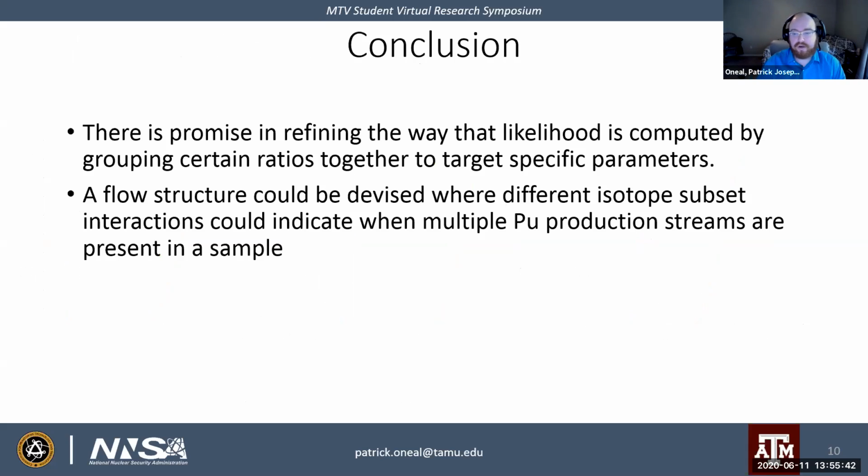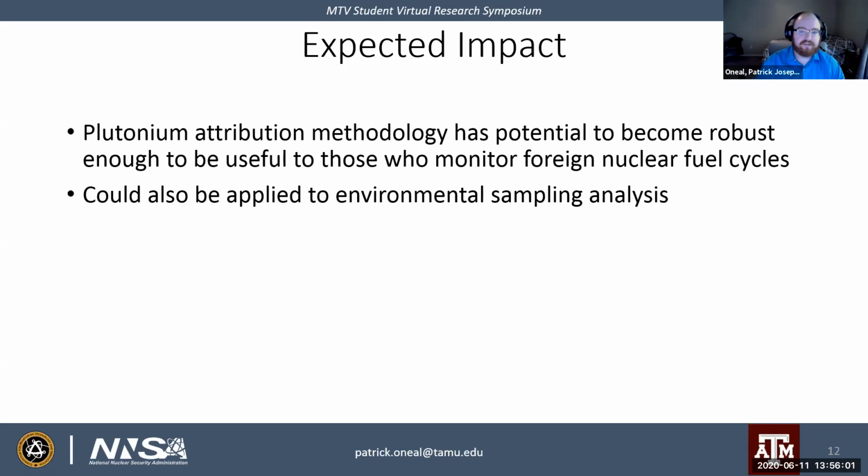So in conclusion, I think there's a lot of promise in this avenue of improving the methodology, and we're excited to start developing a flow structure for our data where we're actually using it in a more meaningful way.